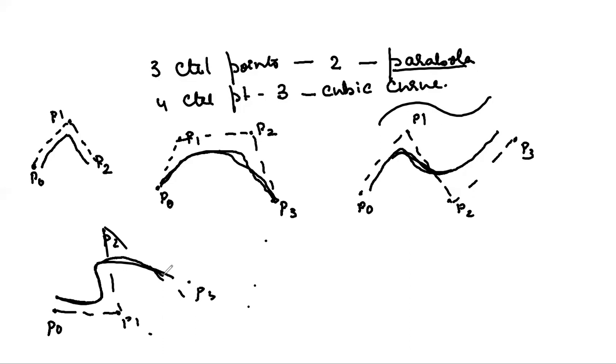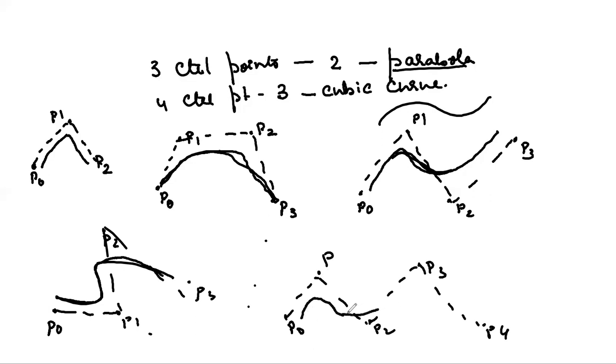Now let me draw it with 5 points, where I have P0, P1, P2, P3 and P4. Join all of these lines. Points are like this in the sequence. Draw the curve now. Here you go.